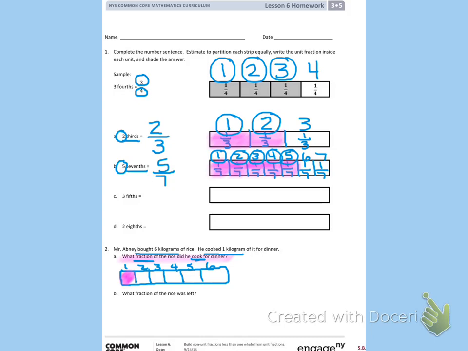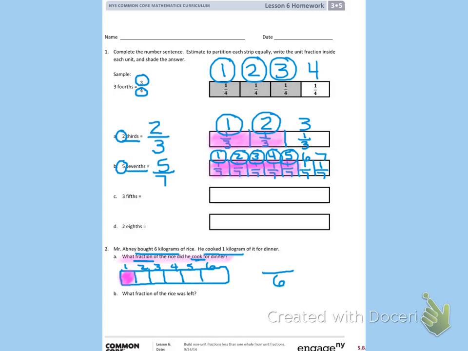Now I can show my work so my teacher knows how I got my answer. I know that when I'm writing a fraction as a unit fraction, the bottom number has to be the number of equal pieces there are in all. And I know that there are 6 equal pieces in my rectangular strip.